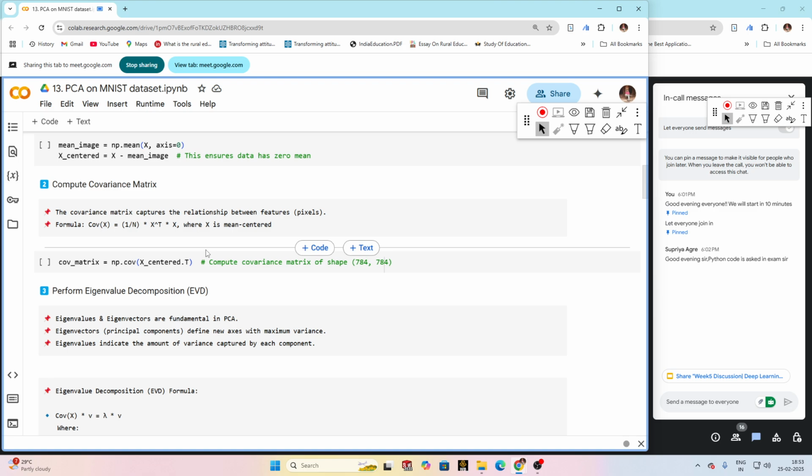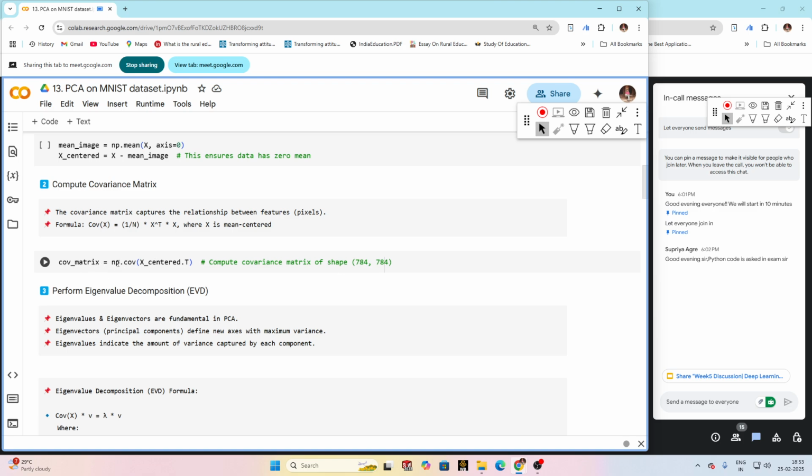Now what we are doing is finding the covariance matrix to capture the relationship between these features. So this is our covariance matrix, that is 1 by n times x transpose into x. That can be calculated by this formula. We are doing all our coding in Python, so just by this formula, np.cov of x_centered.T, we can find the covariance matrix.